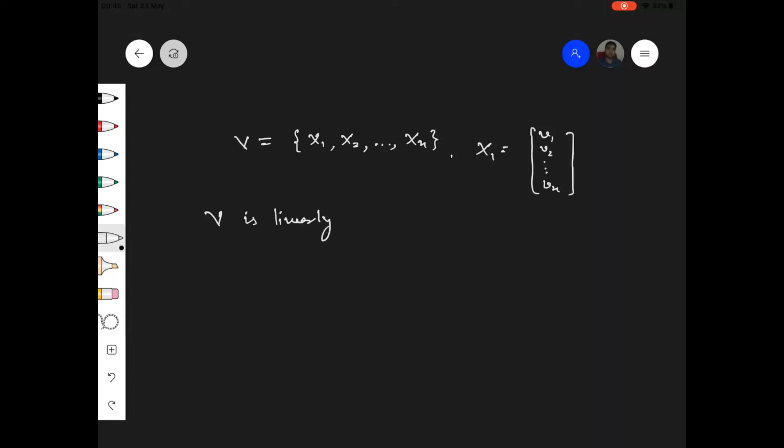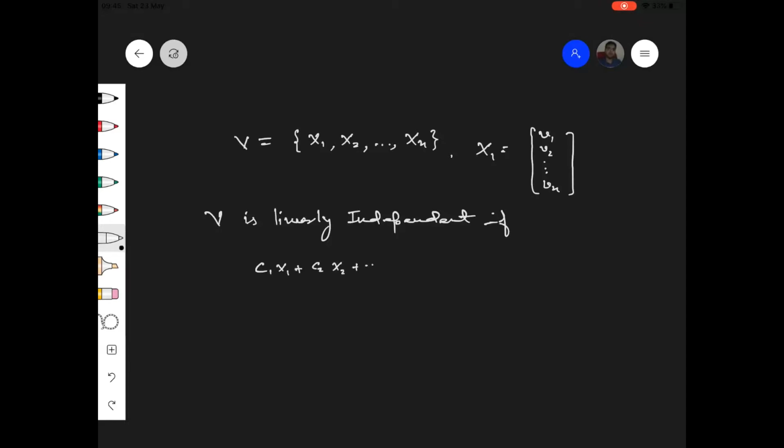This set V will be linearly independent or dependent if we write its linear combination equal to 0.